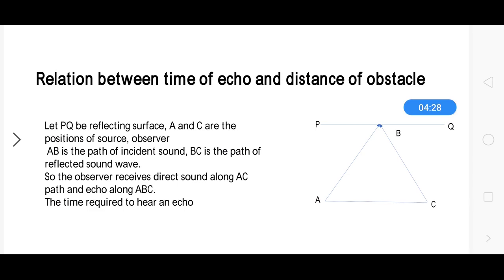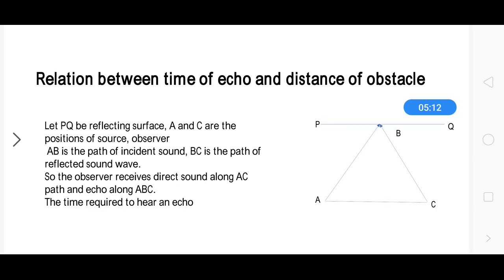So the sound waves are incident at point B on the reflecting surface. B is the point of incidence. They reflect back and reach the observer.